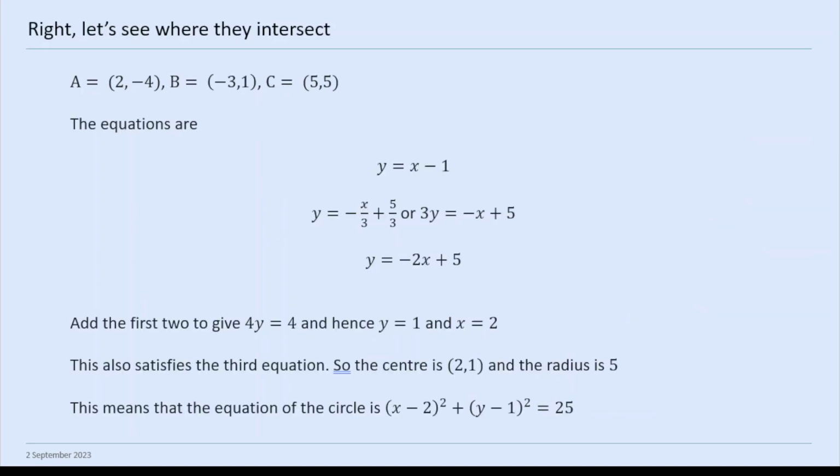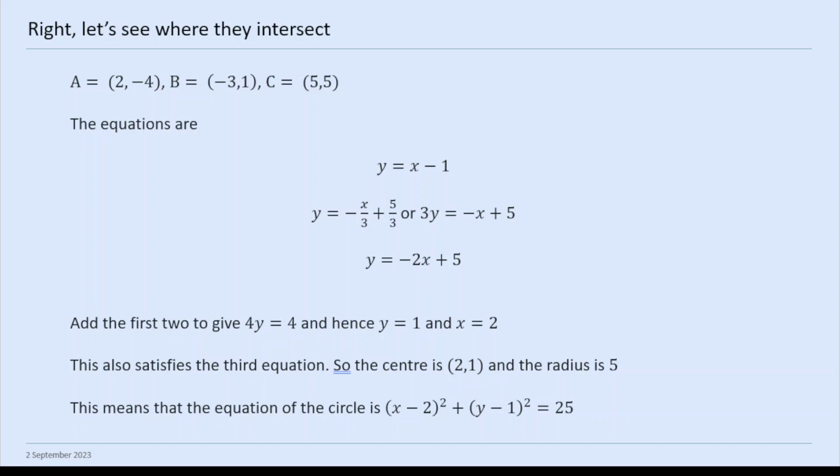So we've got to see where these lines intersect, and they ought to intersect at the center of the circle, because all of these lines are going to be lines from the center to the chord, and they're perpendicular lines. So we got y equals x minus 1 as one of the equations. We got y equals minus x over 3 plus 5 over 3, or 3y equals minus x plus 5.